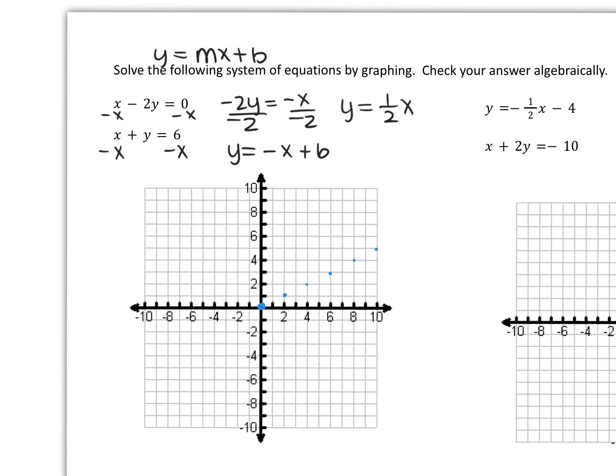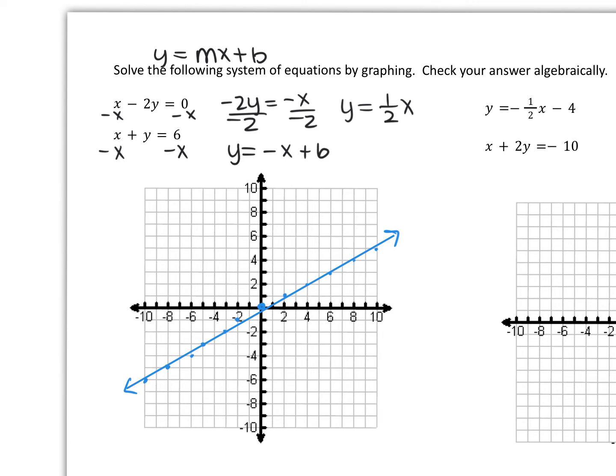Okay. It also means I can go down 1, left 2, and I'm also applying the same slope. Then all I have to do is connect the dots, and I get my line.